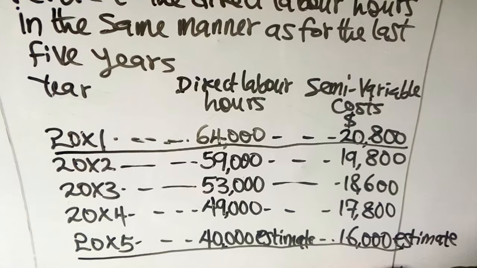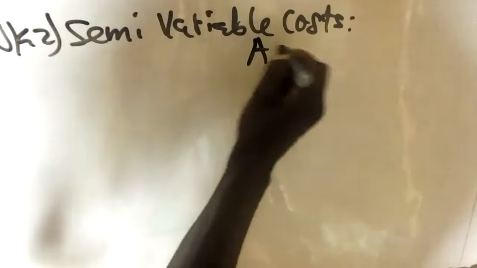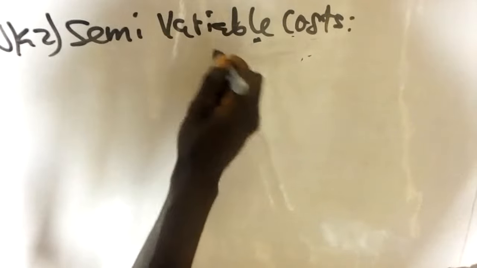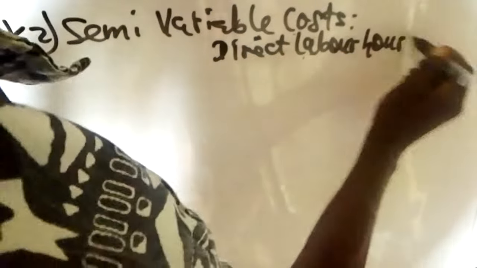Now let's have the semi-variable cost, working 2. You have activity. Our activity is our direct labor hours, and then we have semi-variable cost in dollars.